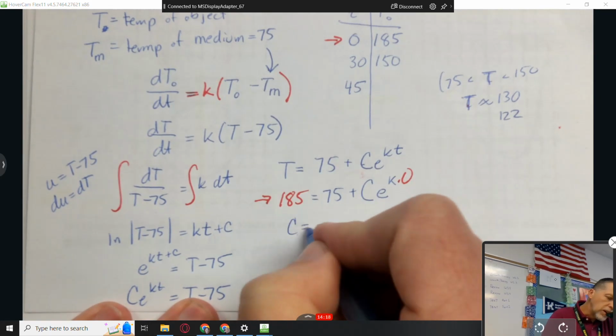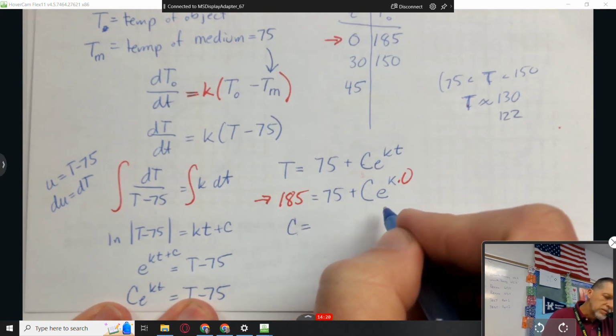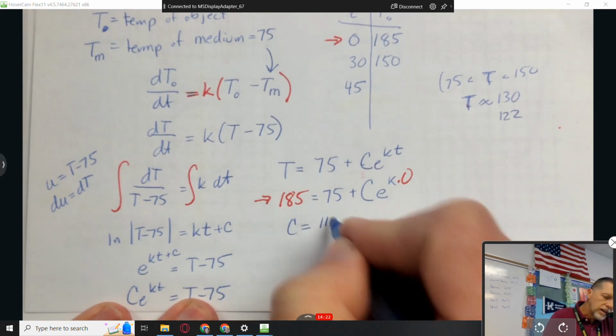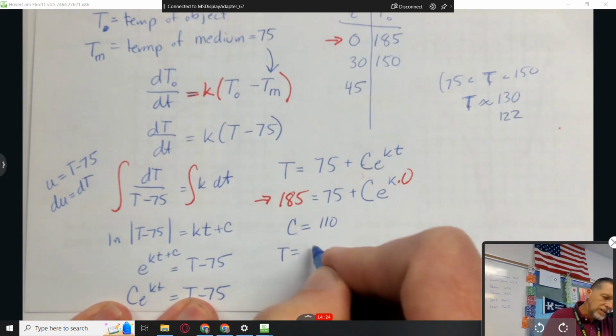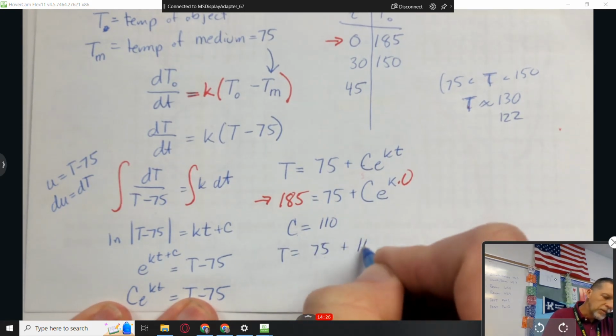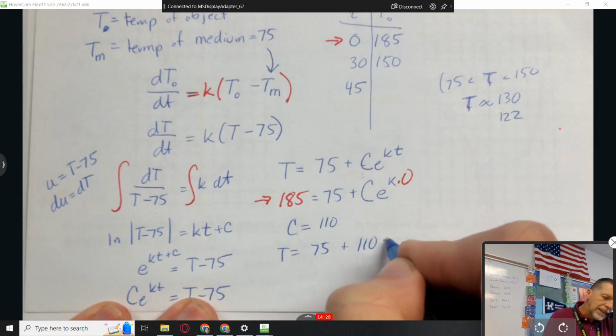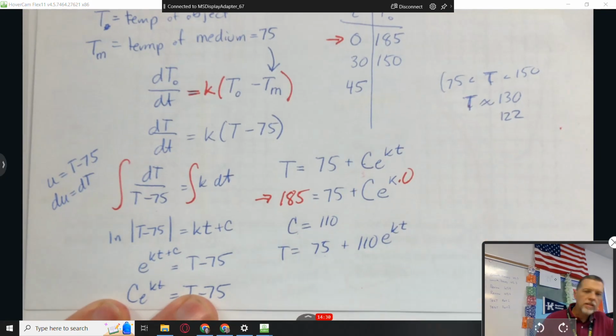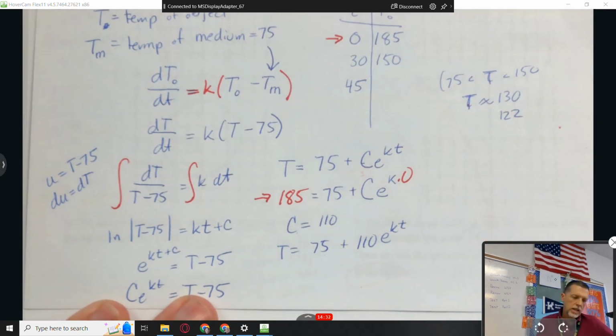So C equals 110. So T equals 75 plus 110 e to the kt. Yeah, so if I plug in 0 for time, I get 185. And I'm guessing k is going to be negative, so that this 110 decreases.